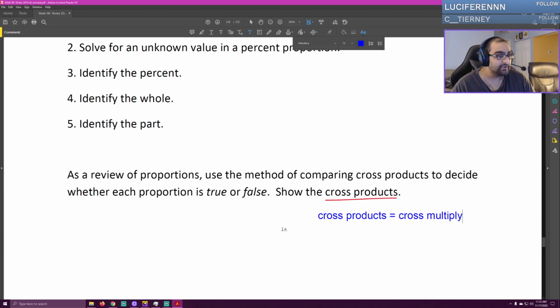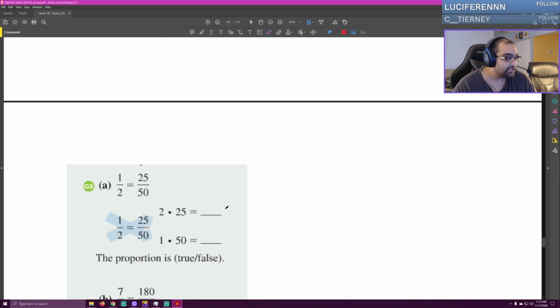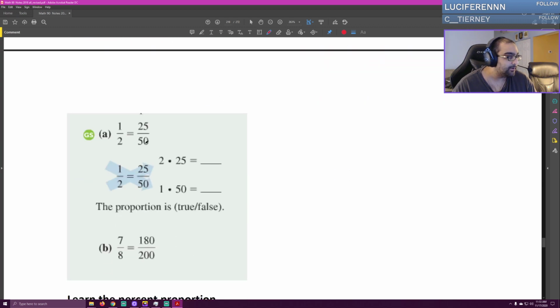Okay, so we looked at cross multiplying last time when it came to proportions, and all we have to do in some cases is decide whether a proportion is true or false. Whether they're equal or not. So for example, is 1/2 equal to 25 over 50?